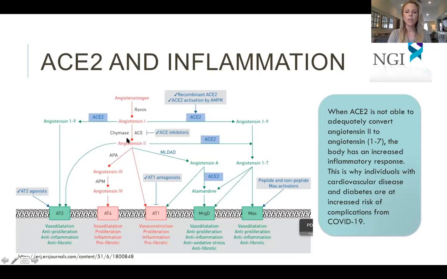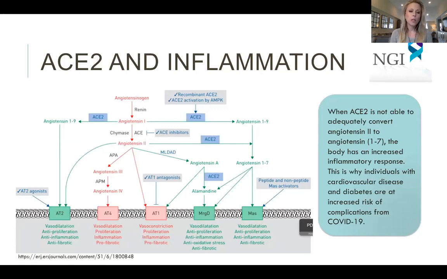So if you have something like the ACE deletion and you end up having an overexpression of that and have an increase in blood pressure, or you have a change in your ACE expression in general, even if you don't have the ACE deletion, you're going to have more angiotensin in general. And so those ACE inhibitors kind of go in there and block that process from happening, reducing the amount of angiotensin 2 that you have.